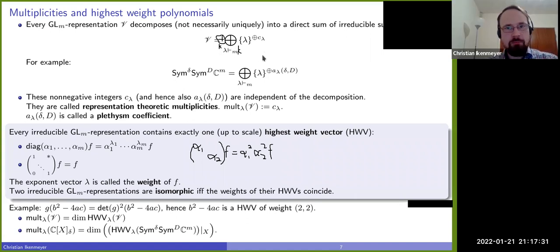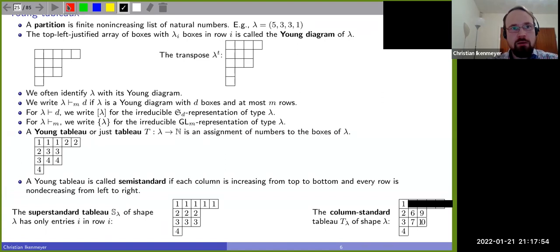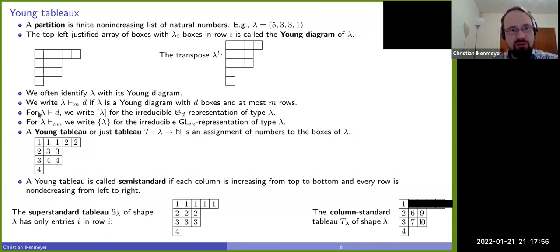So, let me also say this is for every polynomial GL representation, but we're only talking about those anyway. Then you can take anything, so it doesn't matter what the number actually is. Here you have a partition that has exactly D boxes, and a partition where the number of boxes does not matter, but you have at most M rows.